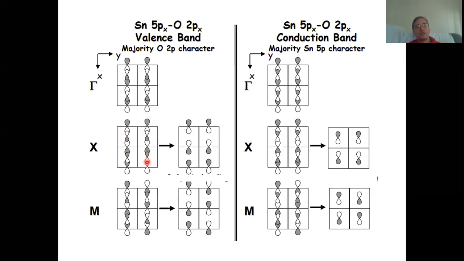So we see that in this case, bonding and interbonding interactions cancel out. So it is as though we would have only the 2p orbitals of O not interacting at all with the 5p of tin.